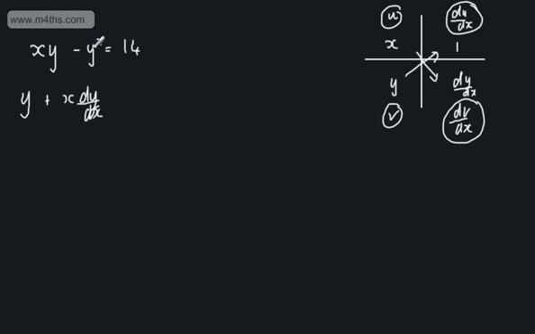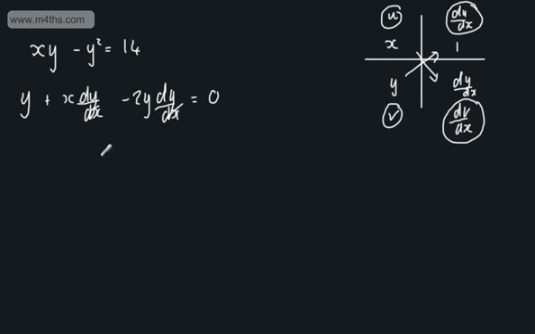We now need to differentiate minus y squared with respect to x. So we're going to get minus 2y, that's differentiating now minus y squared, dy dx, and that will be equal to the derivative with respect to x of a constant, which will be 0.